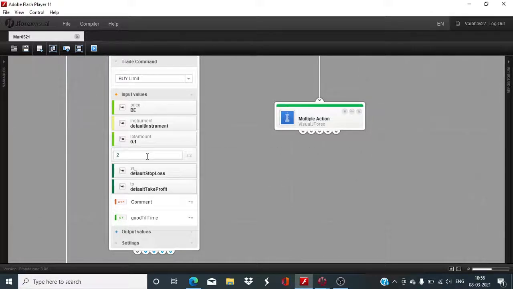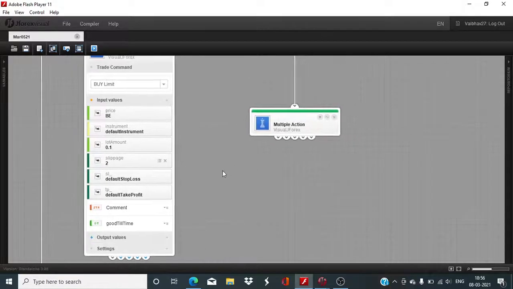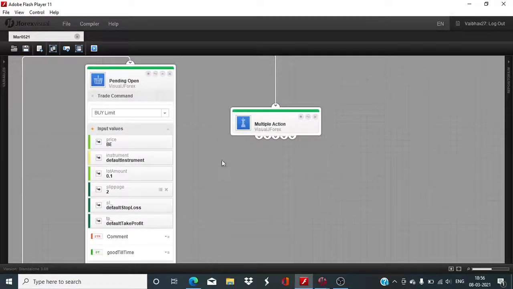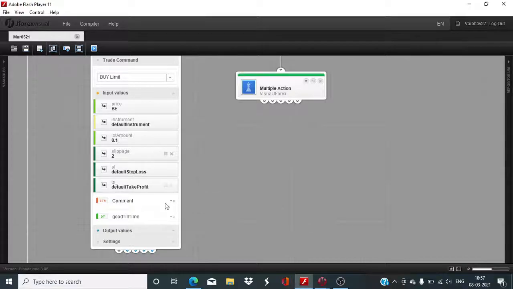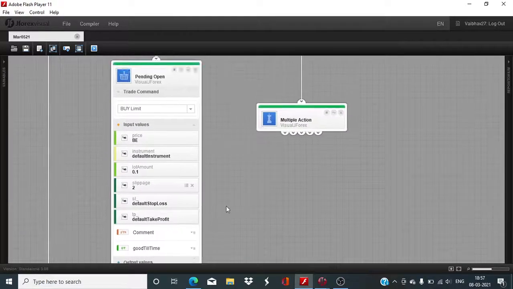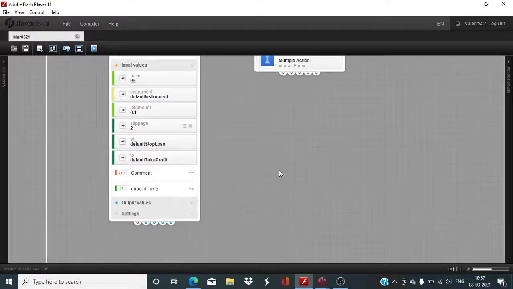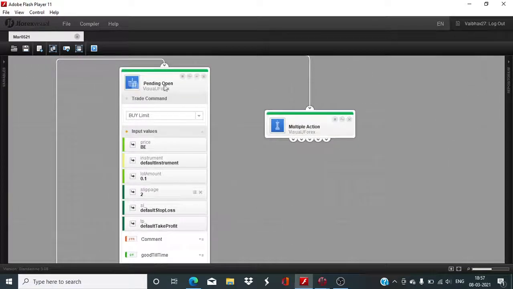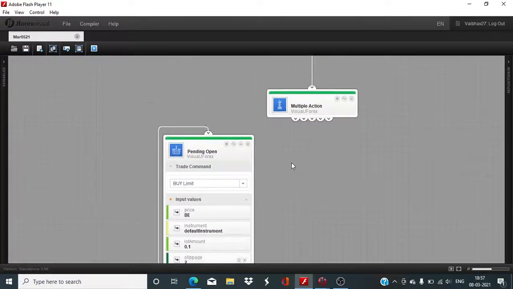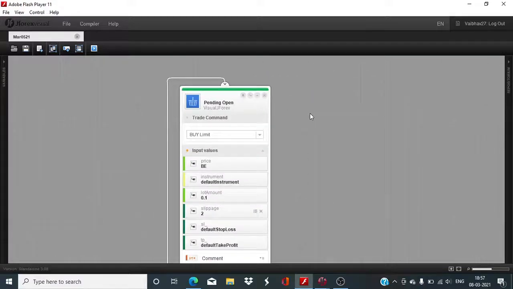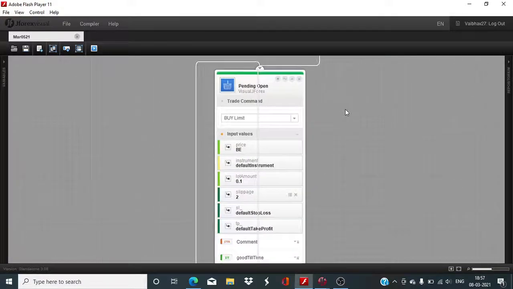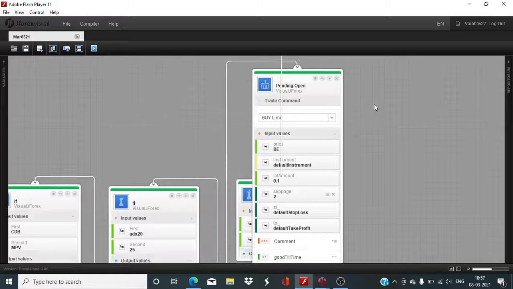Slippage 2 pips should be fine. And then comes the question of defining stop loss and take profit, which we will define in the next session. For order validity, I think 2 hours should be good enough. So that we will define in today's session itself.